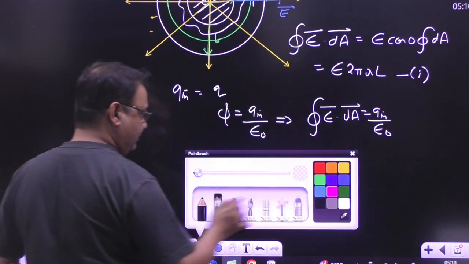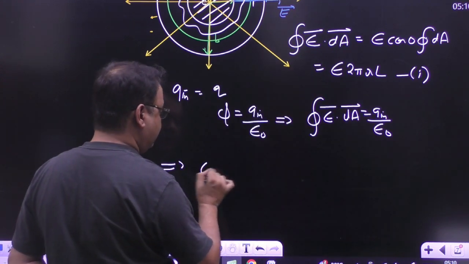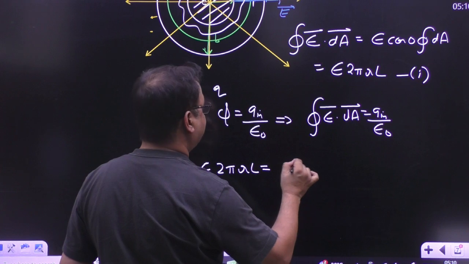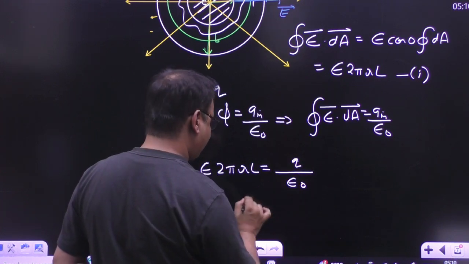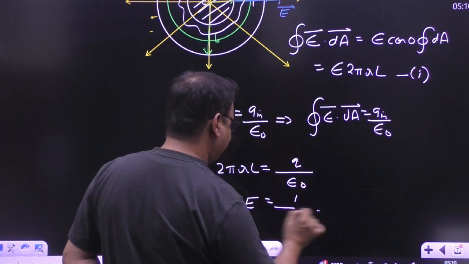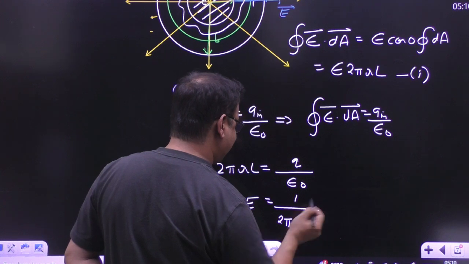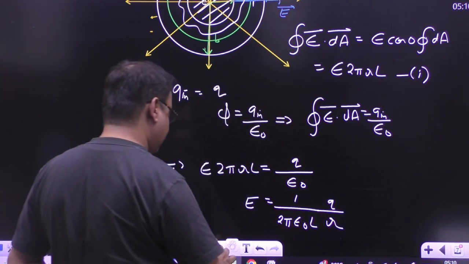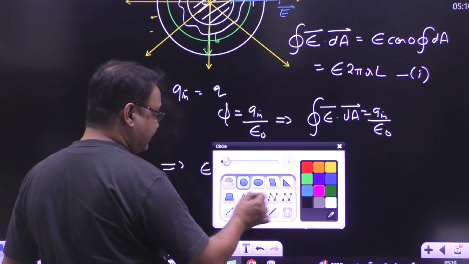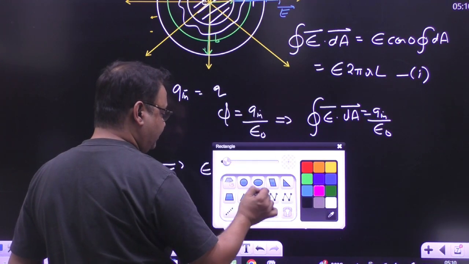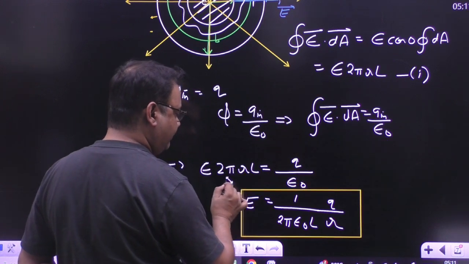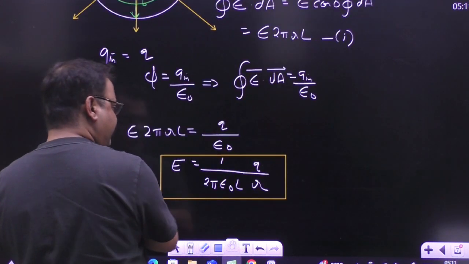So I will have E 2 pi RL equals Q in, which is plus Q by epsilon naught. So E will come to be 1 by 2 pi epsilon naught L, Q by R. This is the answer, and this answer came when you are making the field as the outward model. So this is the electric field outward, between the cylinders.